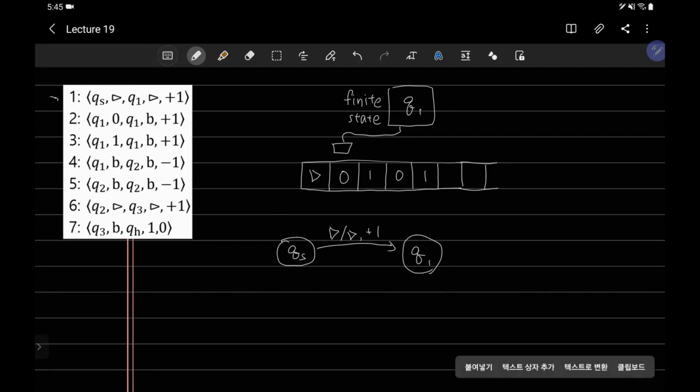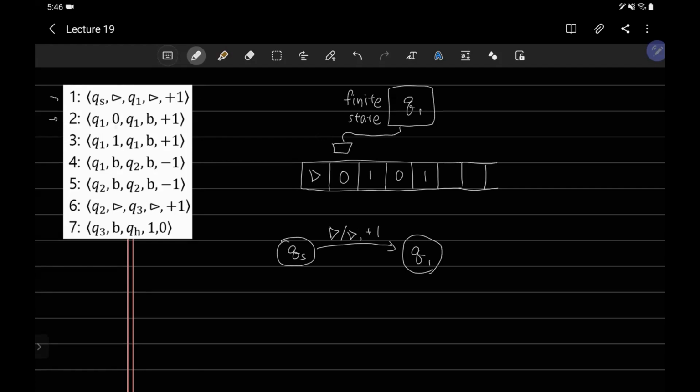And what happens next is that with the current state of Q sub 1, the head reads the 0, and this corresponds to the second line here.